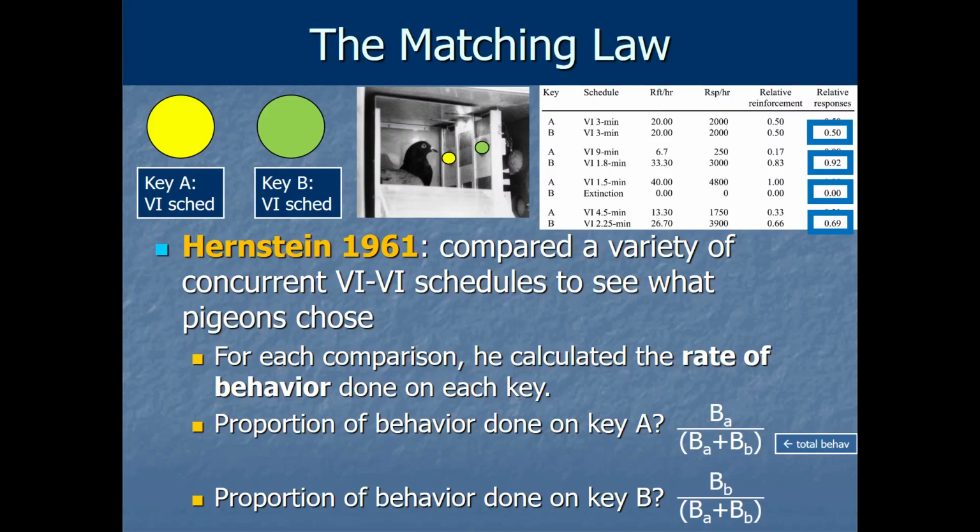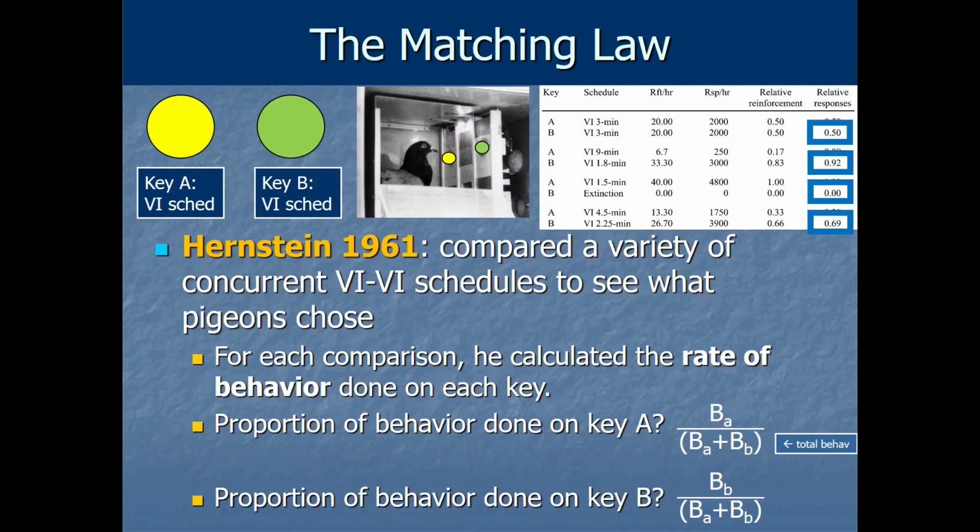And if you go down to the fourth experiment, so down at the bottom of the chart, the fourth choice experiment, on key A, they did 1,750 out of the total 4,650 behaviors, which is around 31% on key A. But that leaves 69%, 0.69 is the proportion, so 69% on key B, which is the same as saying they did 2,900 behaviors on key B out of the total behaviors of 4,650, if you add those together, right?